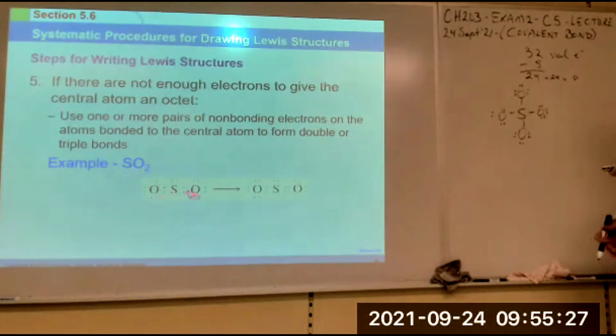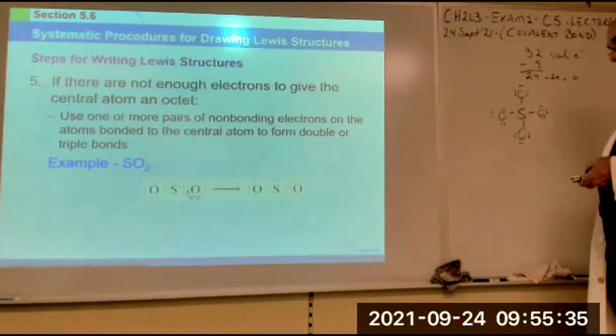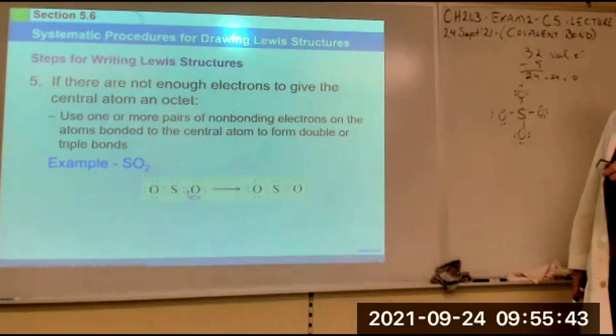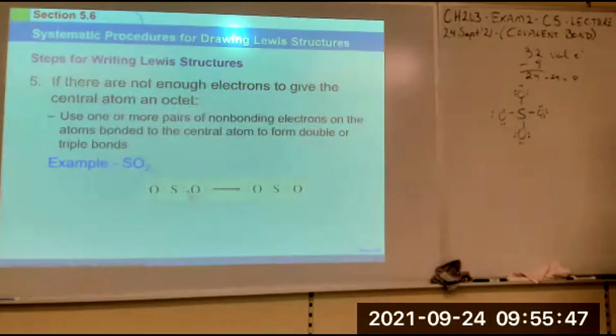What if, instead of this pair, we had taken the pair from this side and put it over here? Okay. So those bonds are not equivalent because they're on opposite sides of the sulfur. So how do you deal with that? Well, let's see. I might as well introduce the concept now.